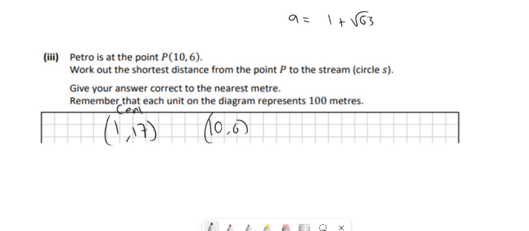That's the centre, and that's the point P. So it's going to be (10 minus 1) squared plus (6 minus 17) squared.